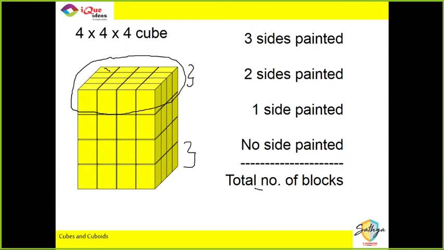So these corners will all be counted for 3, so I eliminated them. Are we together on this? So remaining: 1, 2, 3, 4, 5, 6, 7 and 8. 8 pieces in the top layer which have two sides painted.